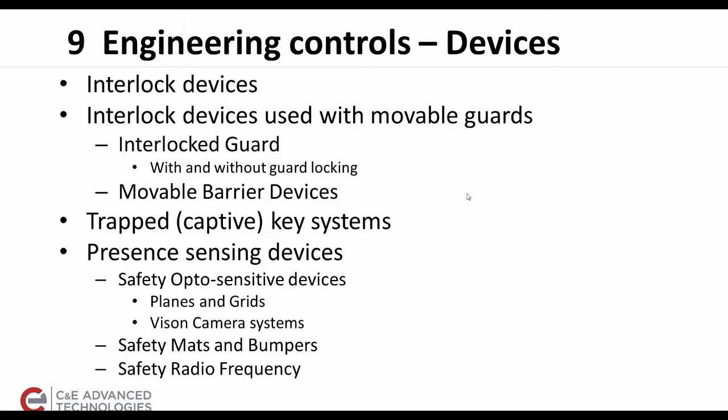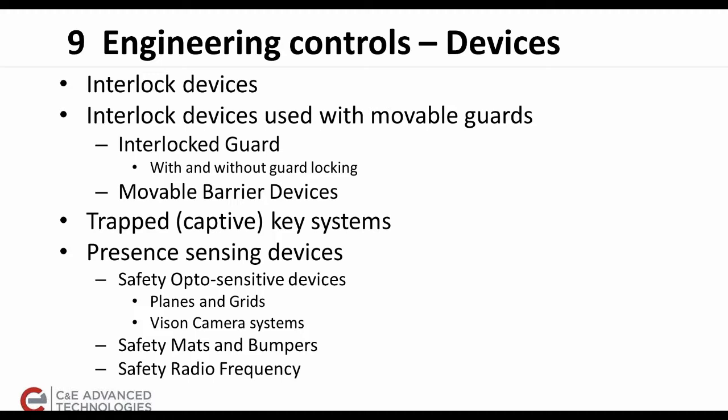A little bit on interlock devices. They are typically attached to something different, although they may be either a mechanical block or electrical. The most common use is that the interlock device is used along with a movable guard that then enables the control circuit to shut down the hazard if the guard is open.